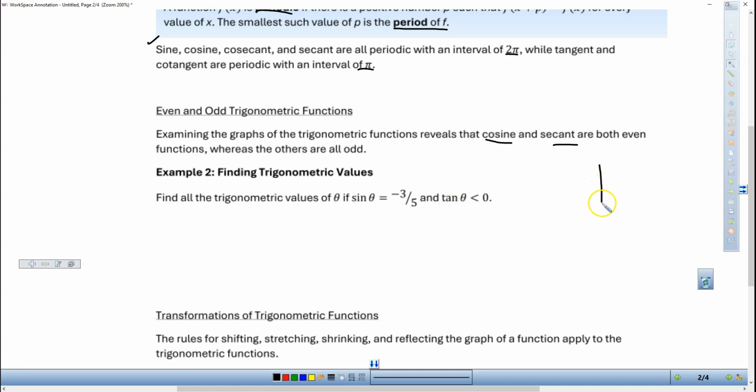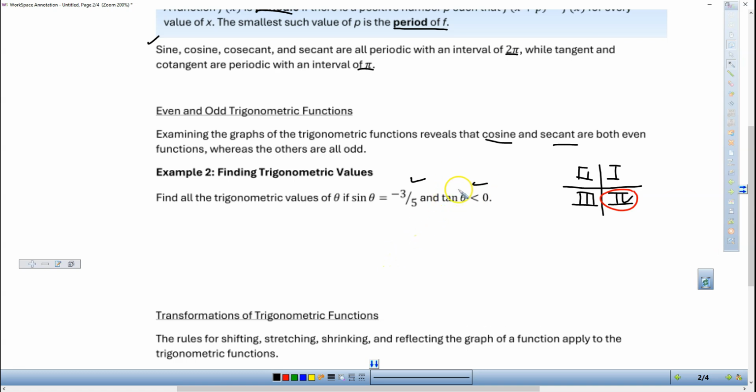If we were to go ahead and map that out, and we look at the different quadrants that the unit circle inhabits here, we are going to find that this value can only exist here in the fourth quadrant. The reason why we know that is because sine is negative and tangent has to be negative.